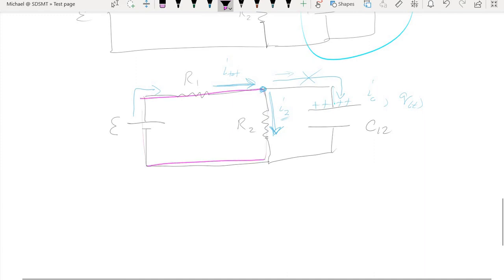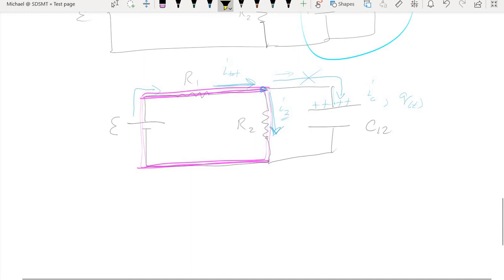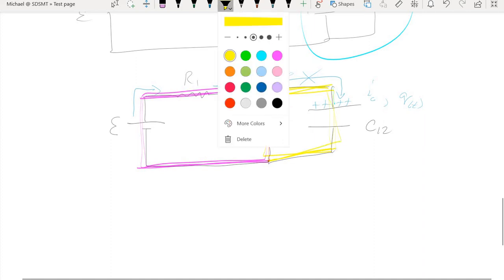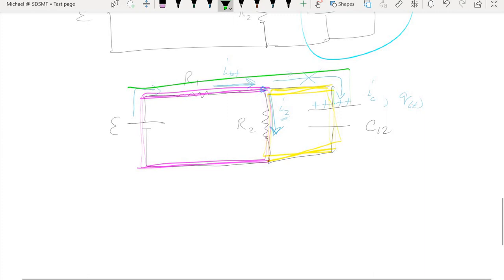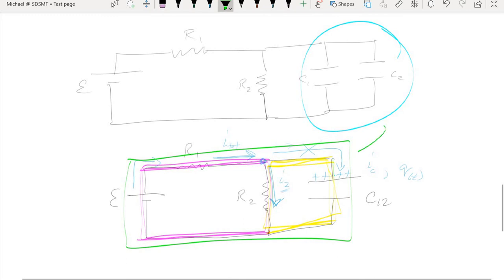We can use the first loop, which involves the battery and the two resistors. There is the second loop that involves the combined capacitors and resistor 2. Or you have the outer loop that you can use. Then, if you feel so inclined, you can backtrack in your work.